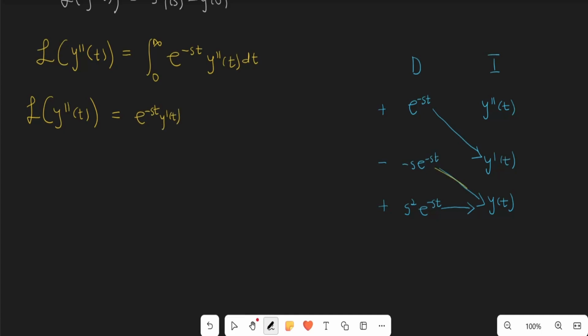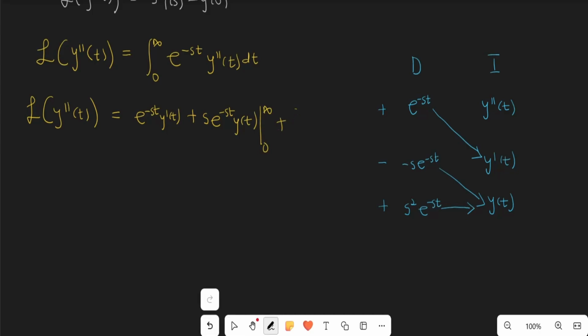Next are these guys, so negative times negative is positive, and now we are going to have s e to the negative st multiplied by y of t. Cool. Here we are done with the integration. All of this we are done with the integration, so we take the limits of integration from 0 to infinity. And now because we want to multiply terms horizontally, we will have to take the integral.